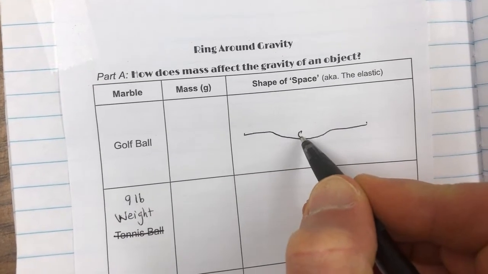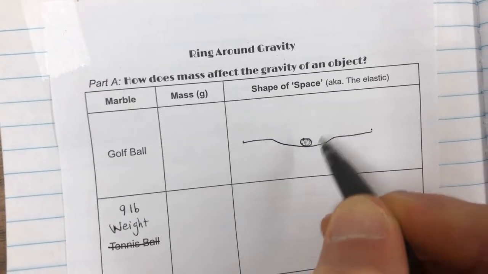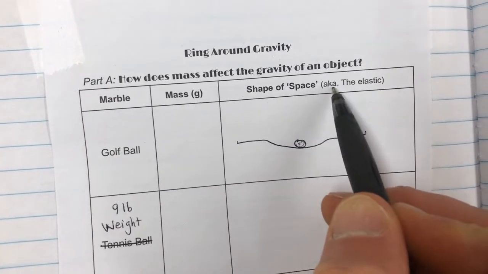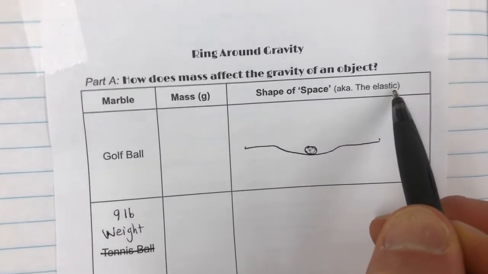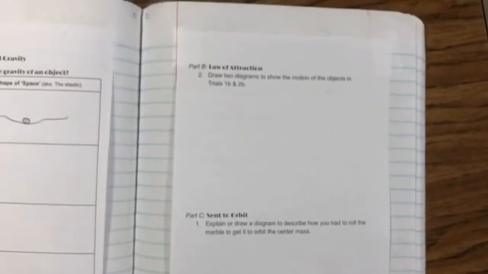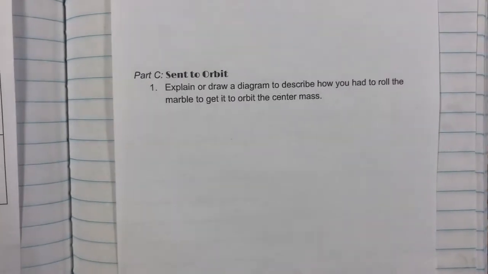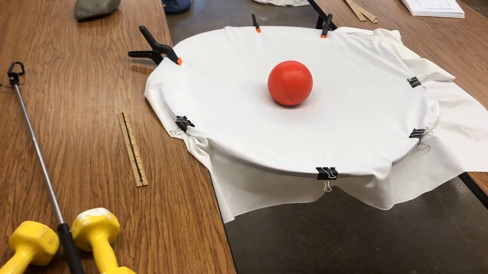And so I'm going to draw that little divot with my golf ball in there to represent the shape of space, aka the elastic. All right, so go ahead and fill out that data table. And then I want to show you just one other thing that you're going to need to know when you get ready for part C, sent to orbit.